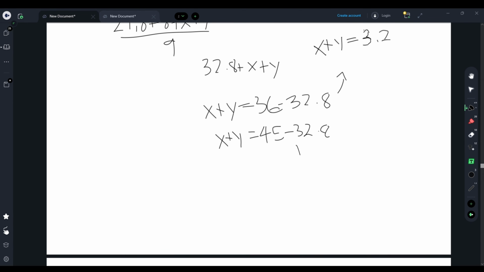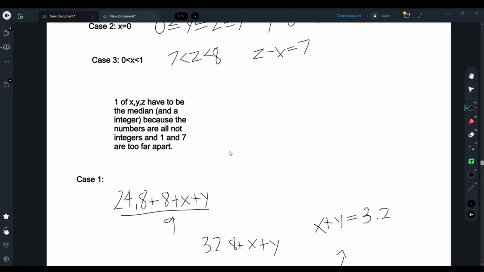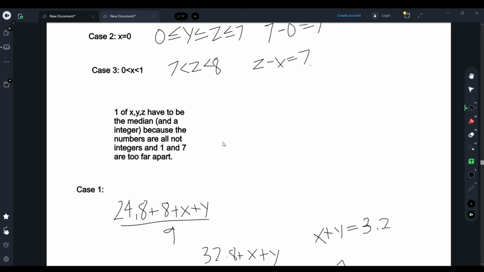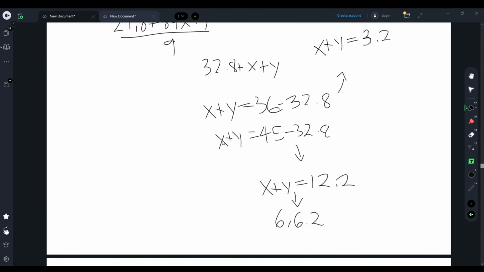Okay, so now this one. So then x plus y is equal to 12.2, and we find out that we can do 6 comma 6.2. And 6 is the new median, and this works out. So 6 comma 6.2 comma 8 is one of our possible choices.